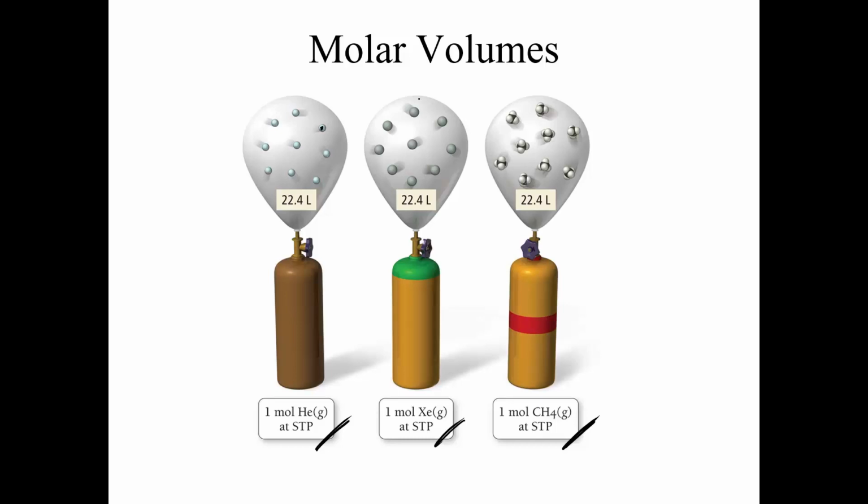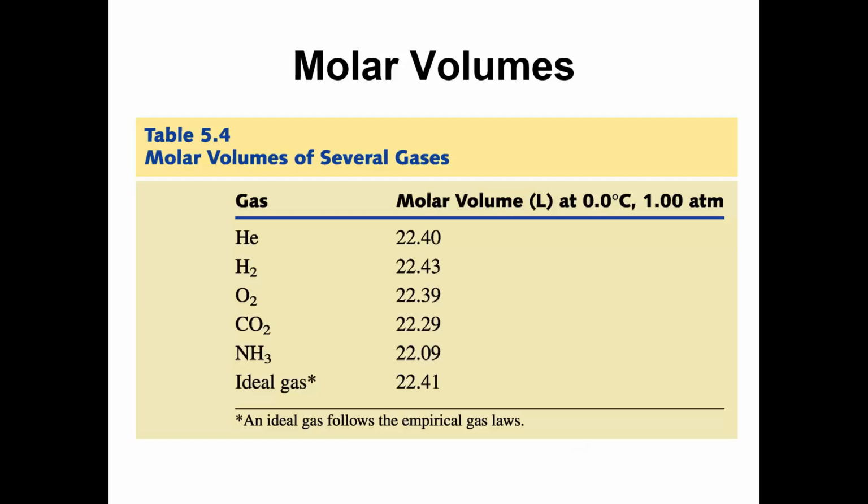The size difference here doesn't look all that drastically different, but the mass is fairly different. The point is again that 1 mole of any gas at STP will occupy the same volume, right? And even water, as long as you keep it in the gas phase, except you can't at STP. And so there are some slight discrepancies here, right?